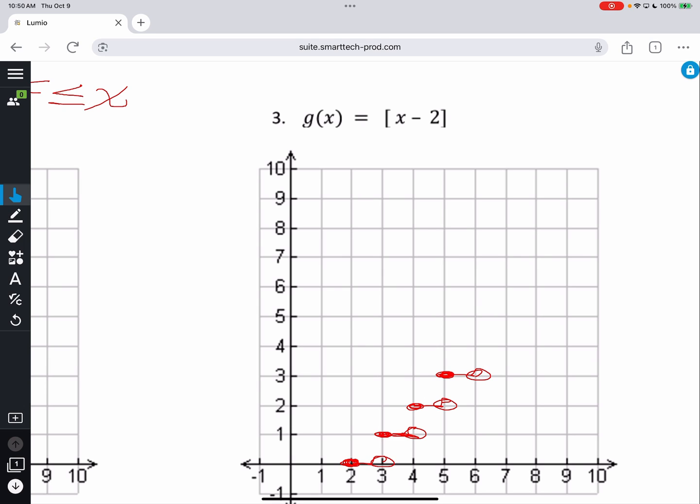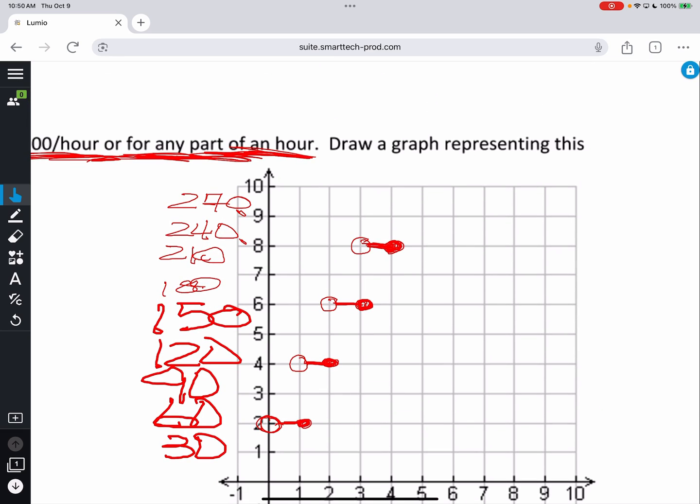When do you use open and closed? If it is a pure graph, that means you've been given the vertex, so it's a closed circle. The only time it's open is if it's a real world problem.